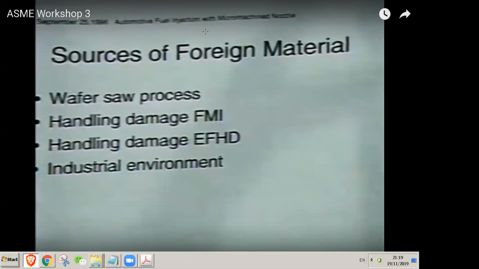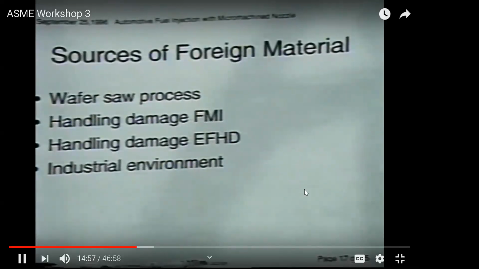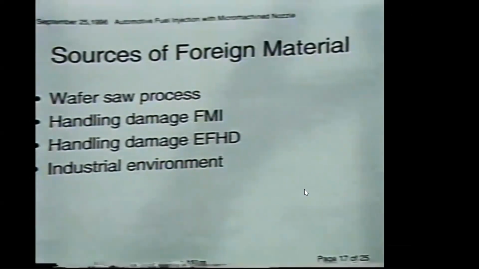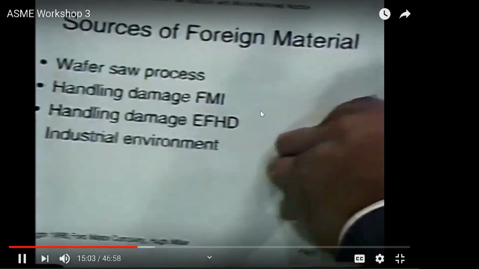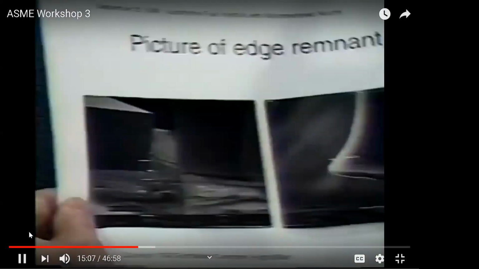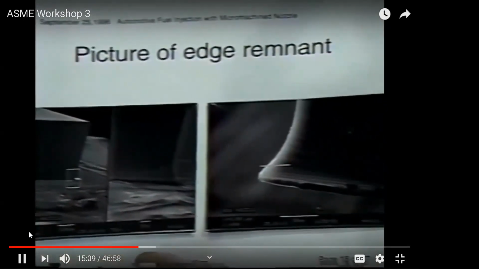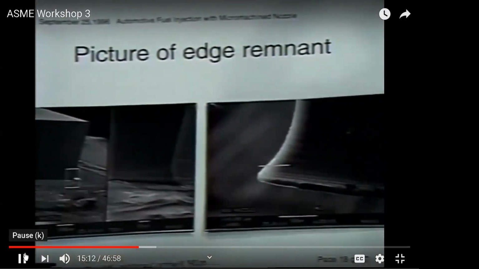There was also handling damage at our EFHD plant, where we had some issues with the industrial environment and what their expectations were in handling this device. At FMI and in the saw process, here's a good example of something that's very, very small and causes a lot of problems in our dice.